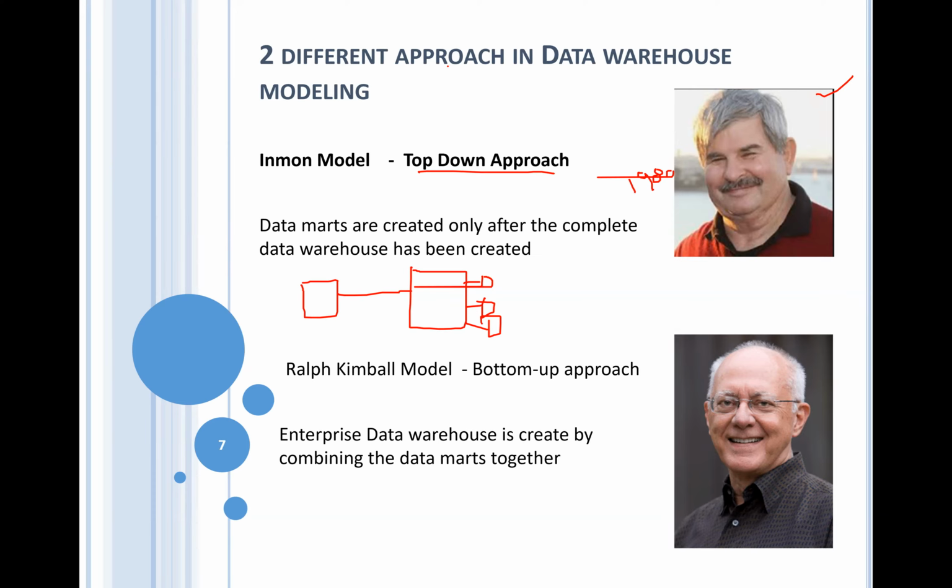After creating the data warehouse, creating the data mart is called the top-down approach. So first we create the data warehouse, and then we load into the data mart. We are splitting the data subject-wise, and this approach is called the top-down approach.